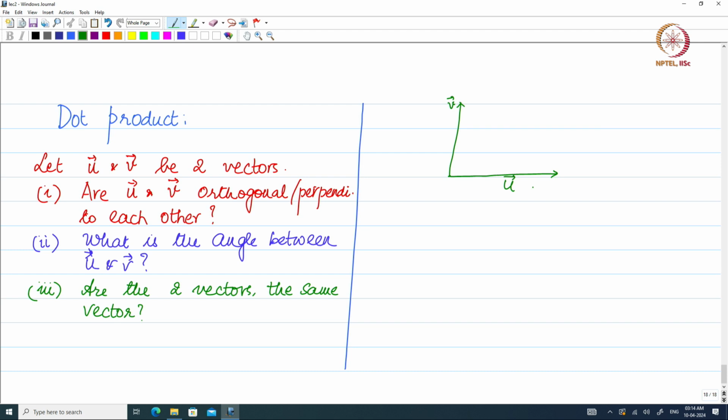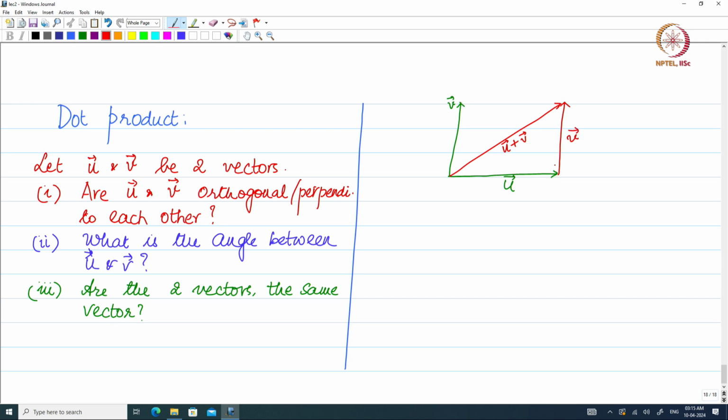Now, what I do is you can always drop a v which is parallel to it, which is placed at the arrowhead of the u vector, and this is going to be my resultant, which is my vector u plus v, and this is the vector v.